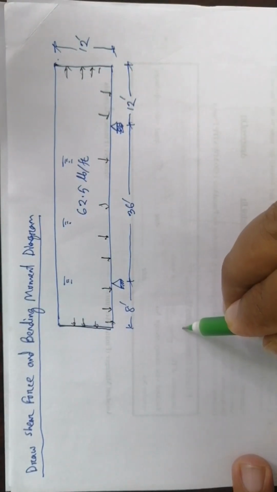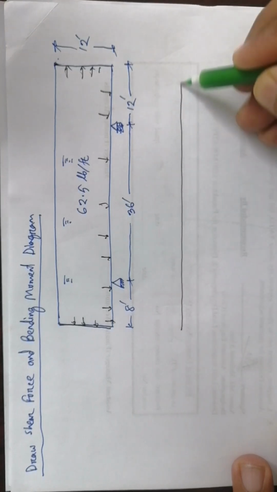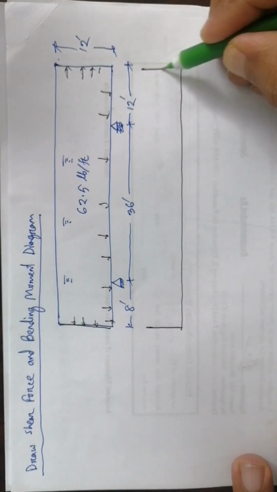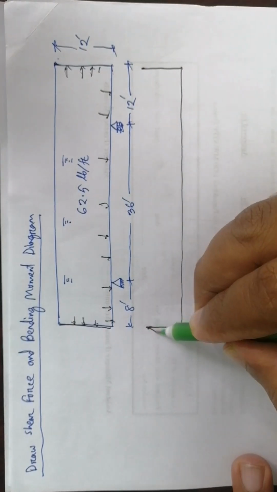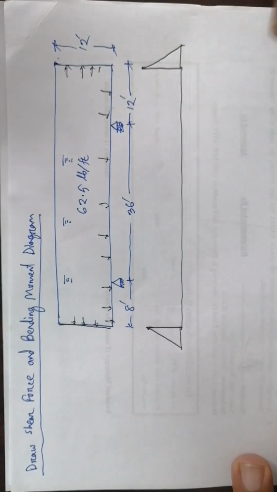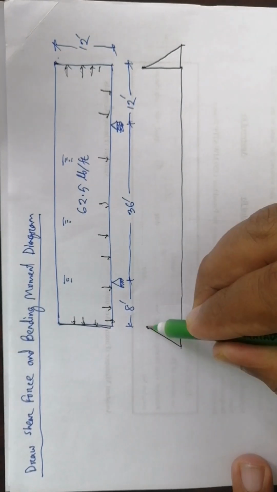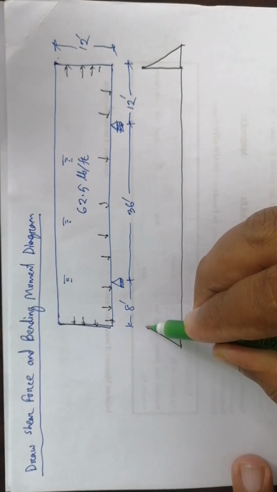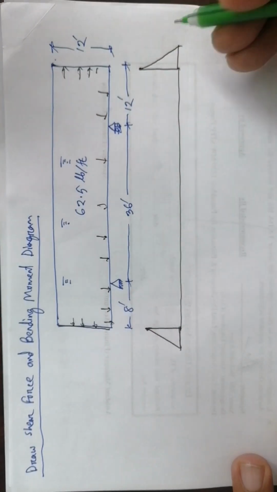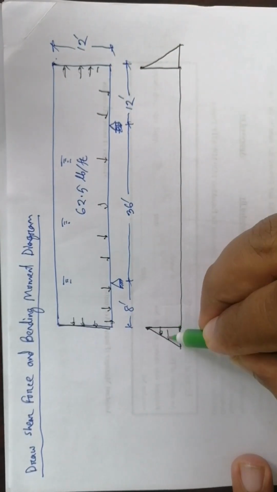So if we draw the stress diagram, it looks like this. The stress is triangular in shape because the stress is maximum here and minimum here, because there is no water, 0, and there is the maximum height of water, 12 feet.